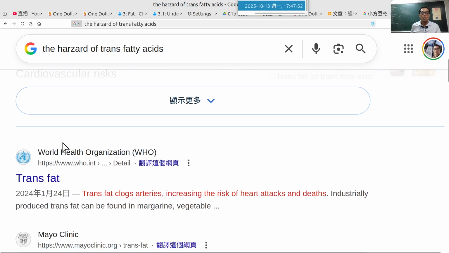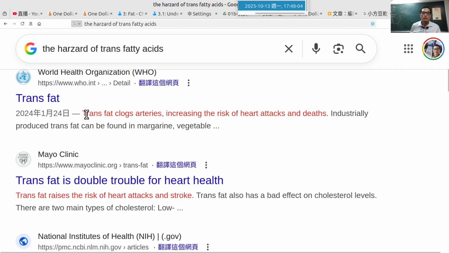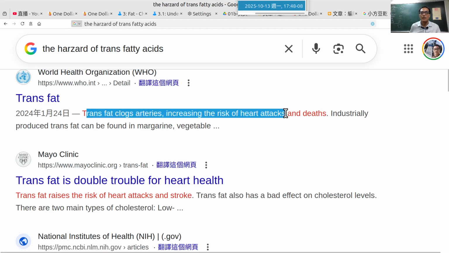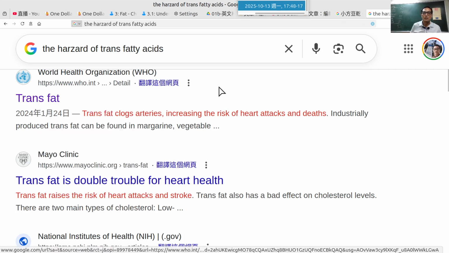And here, the World Health Organization, WHO, is a reliable source of this information. For example, trans fat clogs arteries and increases the risk of heart attacks and death. You can copy and type this and write down your opinions, like this one.